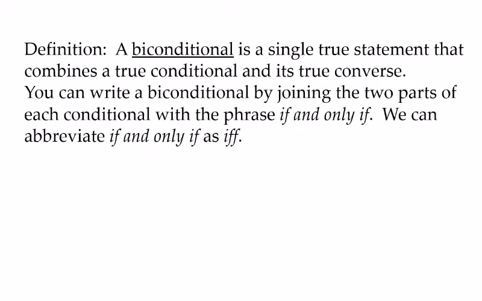But if a statement is true in its original conditional form and its converse is also true, then that's a biconditional statement, and you can join it together by using the phrase "if and only if." The shorthand for if and only if is IFF.